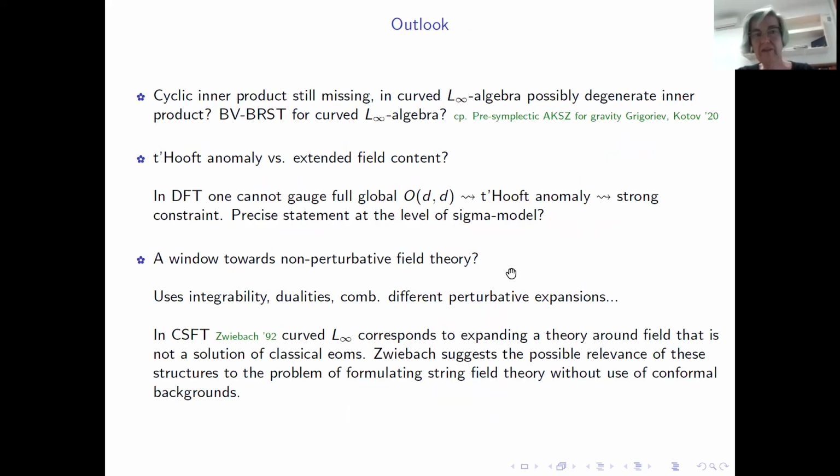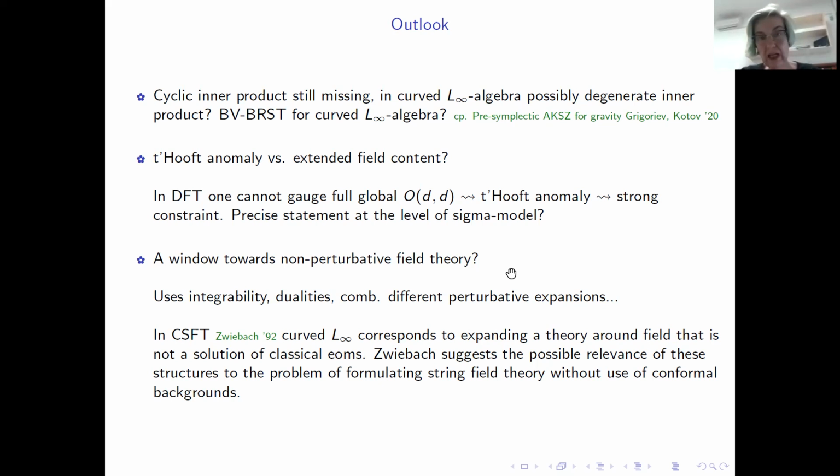So what I have so far is that I know how to write a curved L-infinity algebra for the DFT algebroid. This gave me a way to construct a homological vector field. Now, what I would like to do next is to reconsider the construction of the double field theory sigma model and see how I can obtain it from the L-infinity algebra, because we were also interested in the PV formulation of this model.